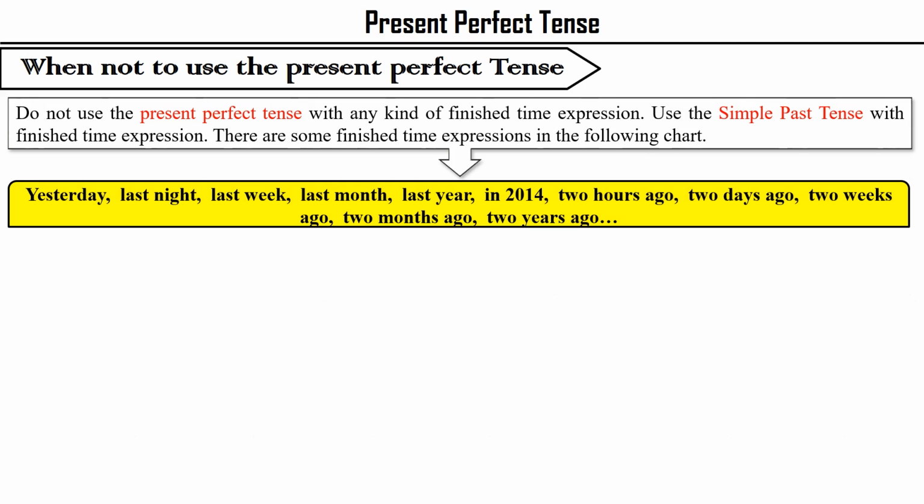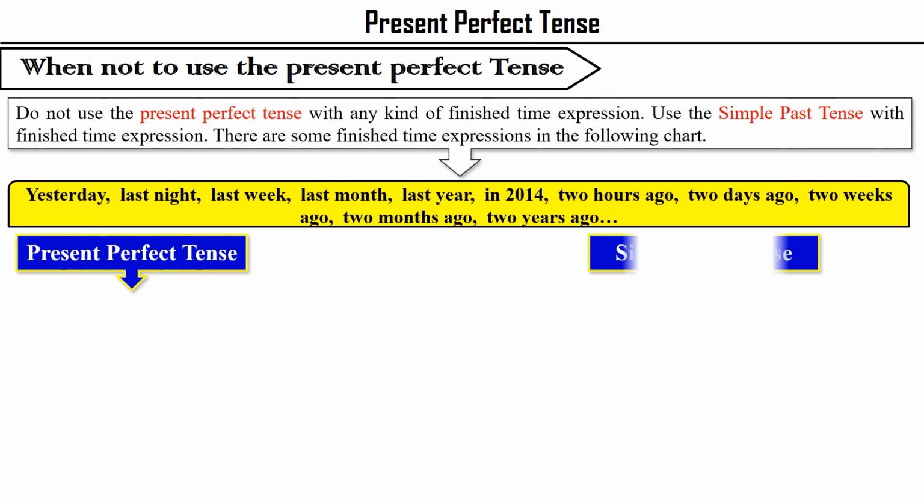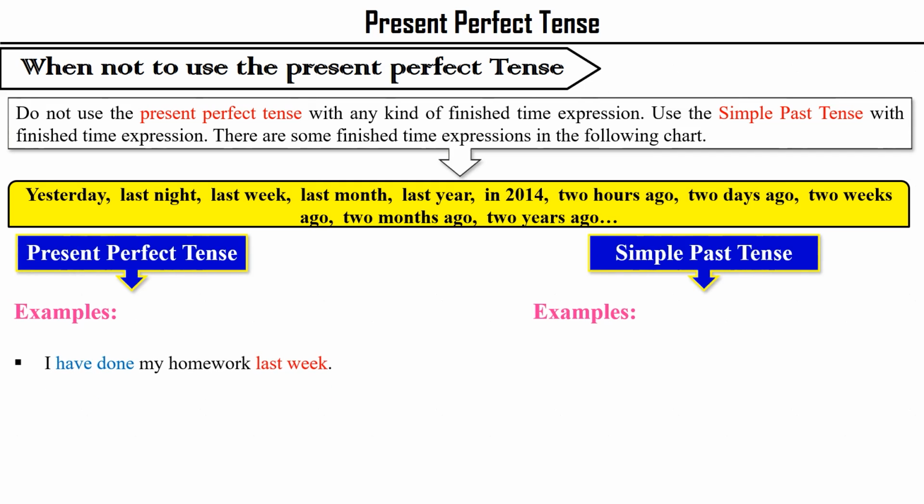So these are finished expressions that we cannot use in the present perfect tense. Present perfect tense and simple past tense examples. It is wrong to say I have done my homework last week, because last week is a finished time expression.